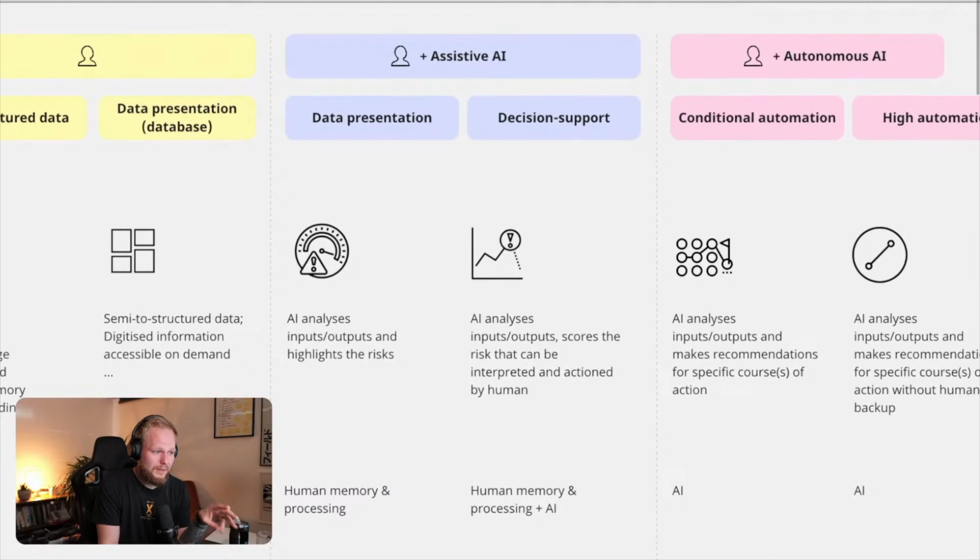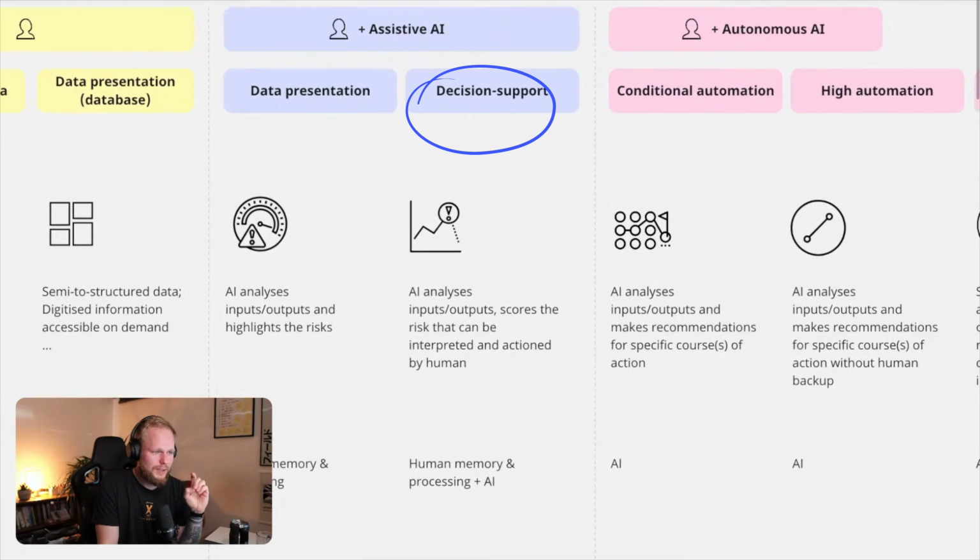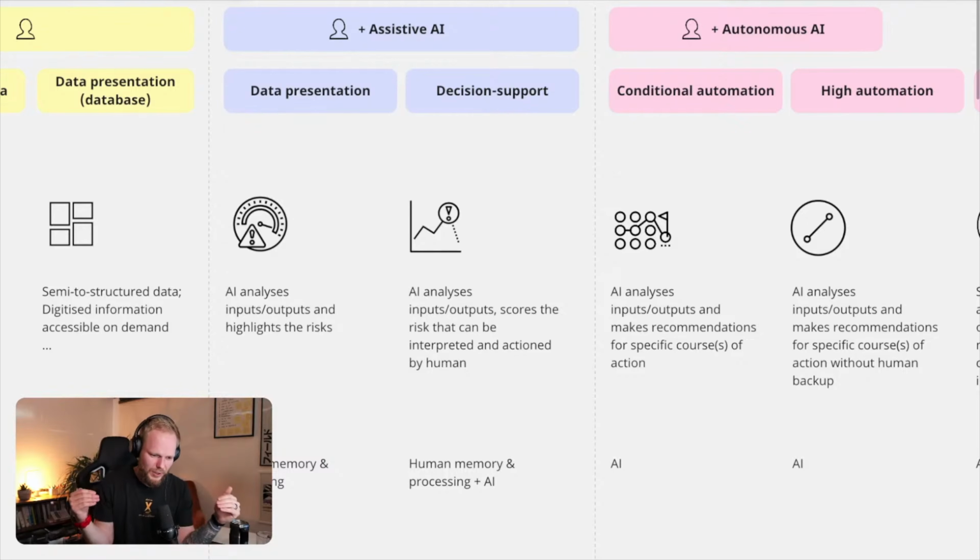But you can imagine that in the data representation state here, when you have all the database and you can make smarter decisions, AI analyzes those inputs and outputs and highlights the risks. So for a user, it would just say, hey, you should maybe do this, because I see some risks and some factors. The next one is decision support. This is exactly what we want when we speak about AI solutions, because we want to inform and drive human decisions for the better.